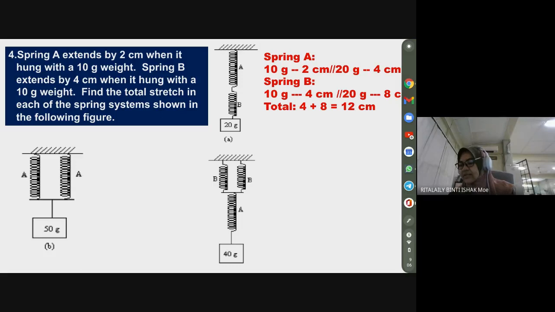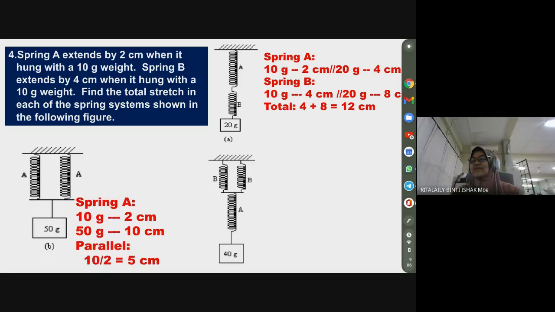What about the others? Also 10 cm. So all the answers are 10 cm. So let's look at the solution. It's 5 cm.